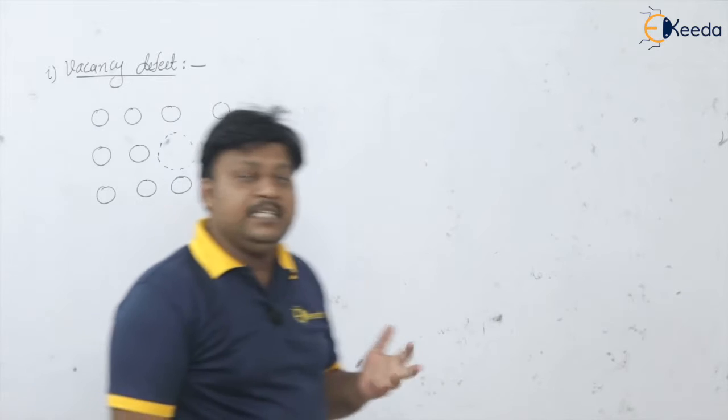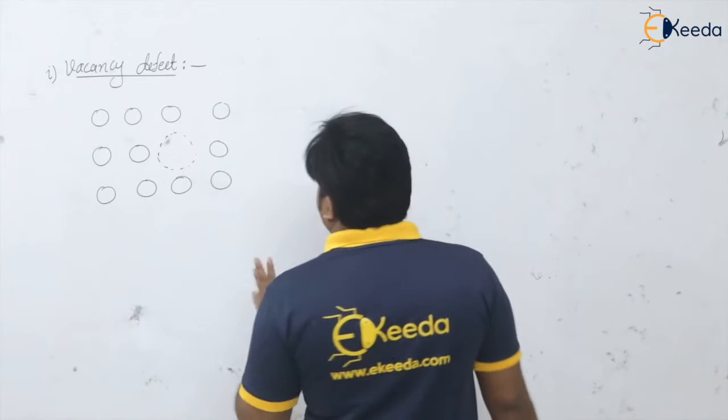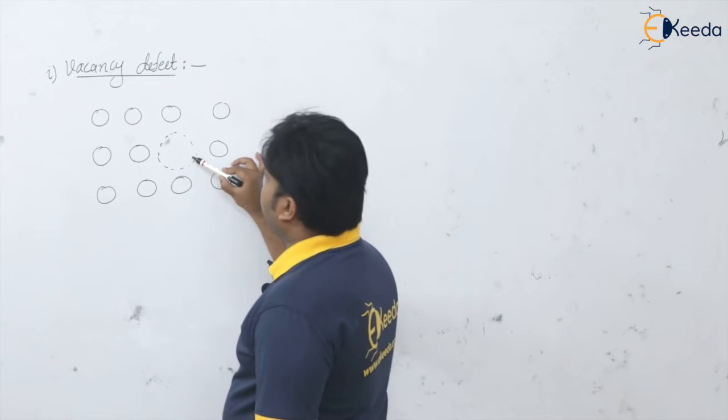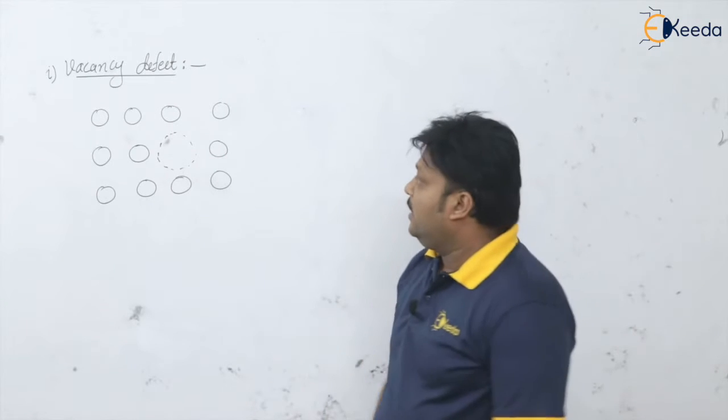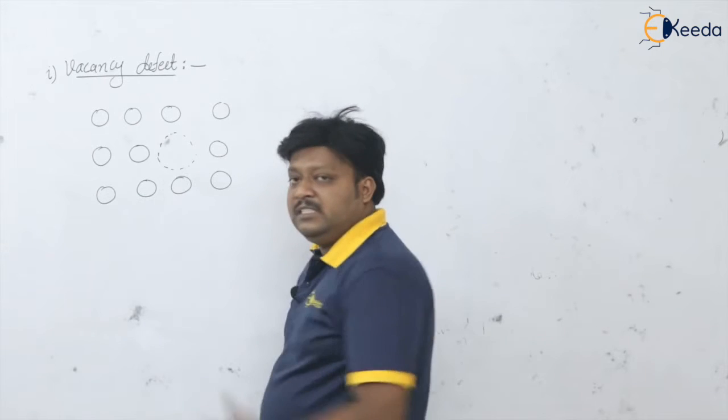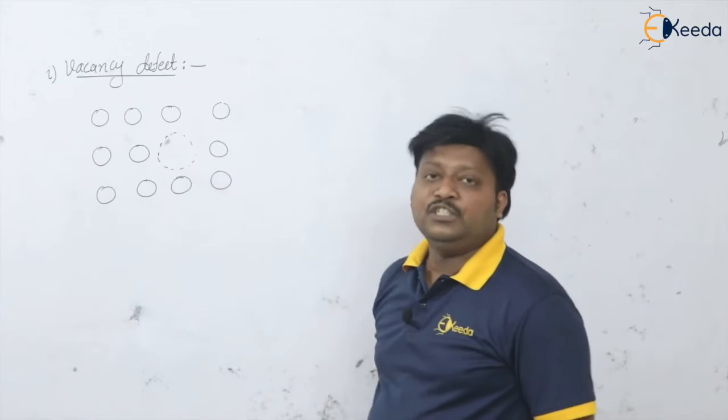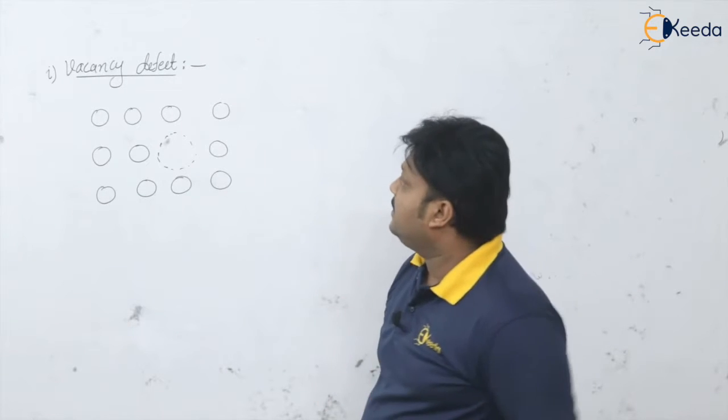The missing of the atom from the regular atomic arrangement is known as the vacancy. Or misplacing of this atom from its position. So this is the vacancy defect.